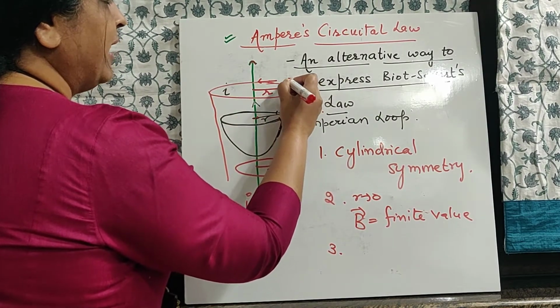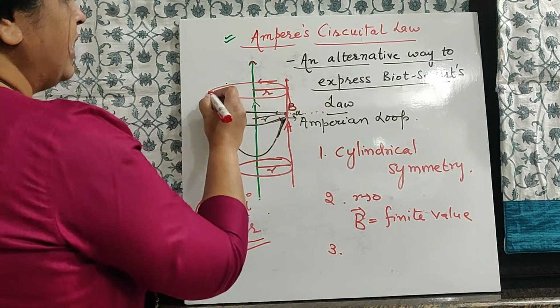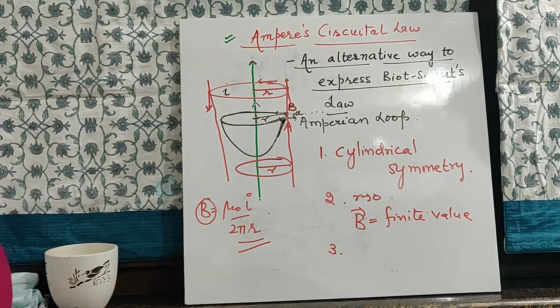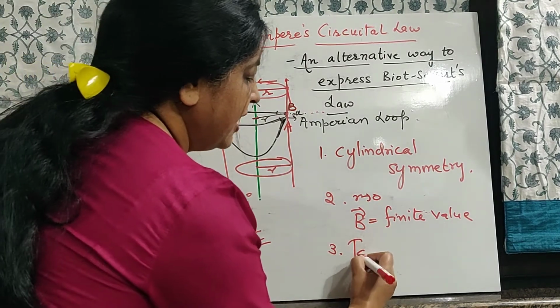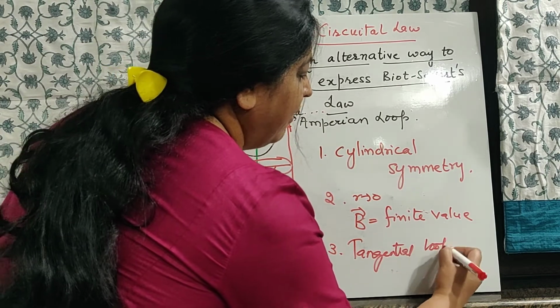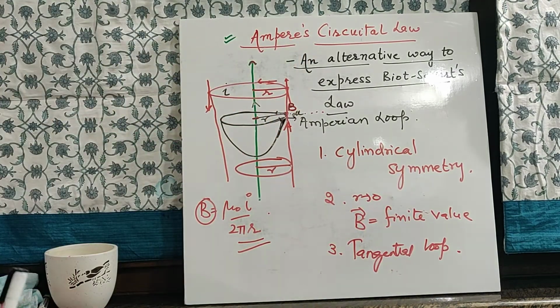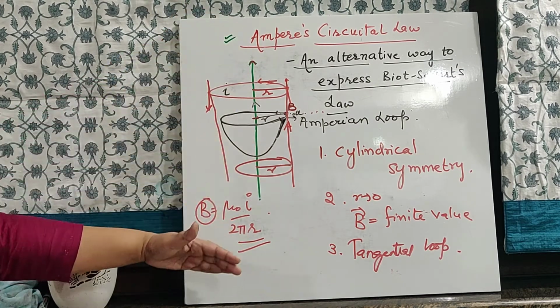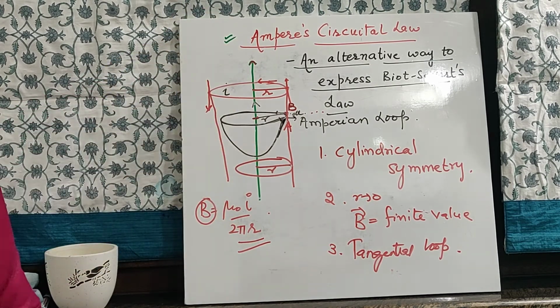If we talk about magnetic field here, it will be like this. If we talk about magnetic field here, it will be like this. So magnetic field is always tangential to the loop that you have considered. So these are the 3 points that you have to remember about how we are expressing the magnetic field due to a straight current carrying conductor.